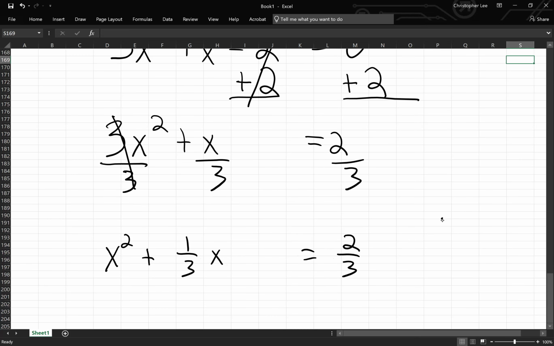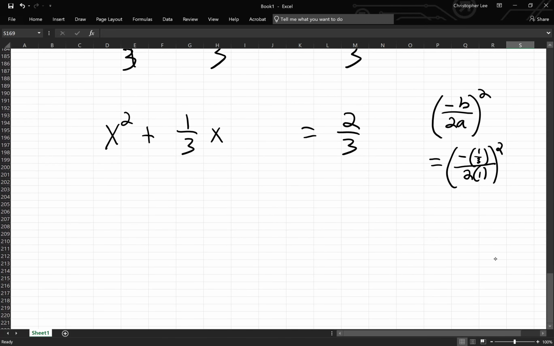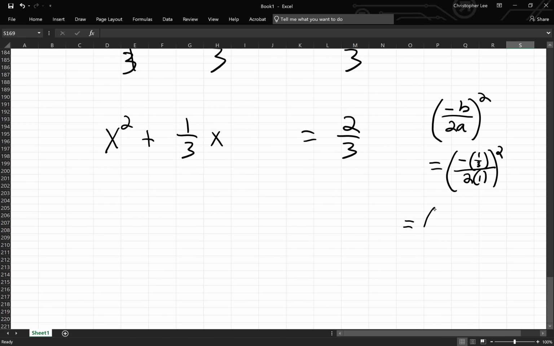Let's use that formula. So our formula is going to be what? It's negative b over 2a squared. So that becomes what? Negative of 1/3 divided by 2 times 1 squared, of course. All right. Let's do the math on that. So this is going to be, yes, the calculator again.